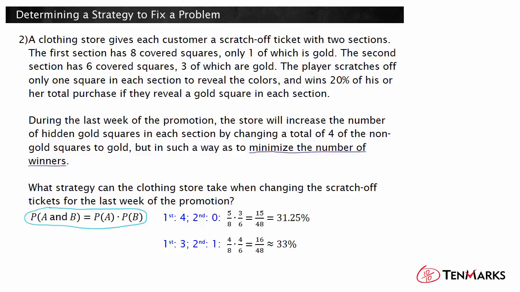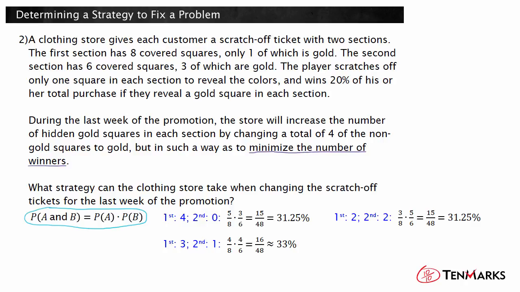Adding 2 gold squares to the first row and 2 to the second row means there are 3 out of 8 gold squares in the first row and 5 out of 6 gold squares in the second row. So the probability of 2 gold squares is 31.25%.